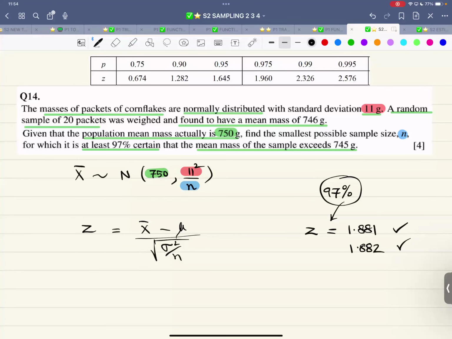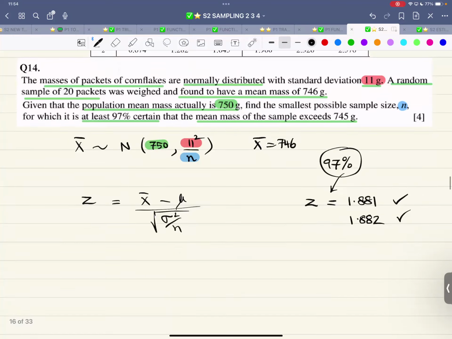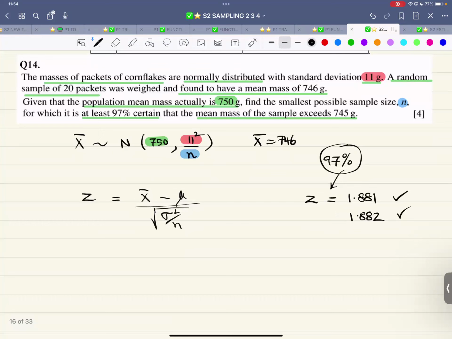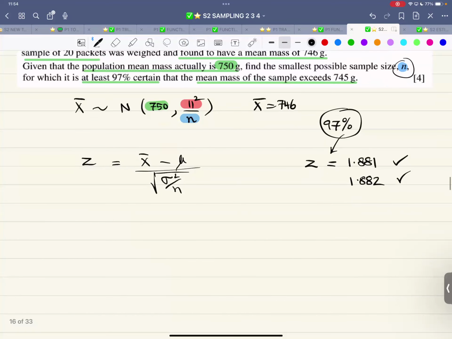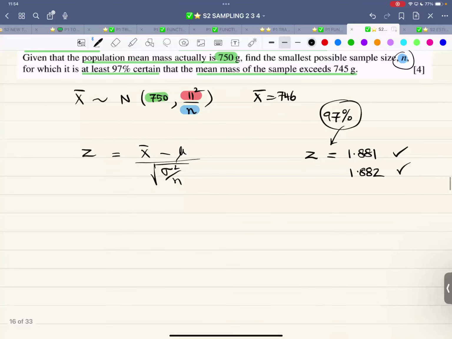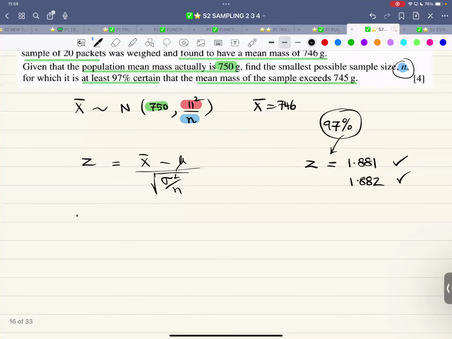Now, what is the 746? So 746 is the mean mass, and we will be working with this. So x bar value is 746. So now this 20 is not used because we are finding the corresponding value of n. The mean based upon those 20 was 746. We have to use that. So therefore 1.881.